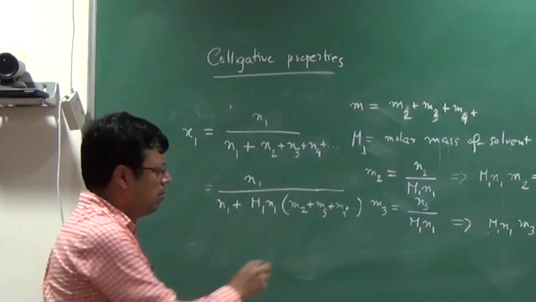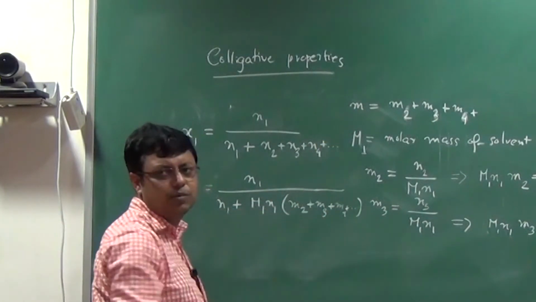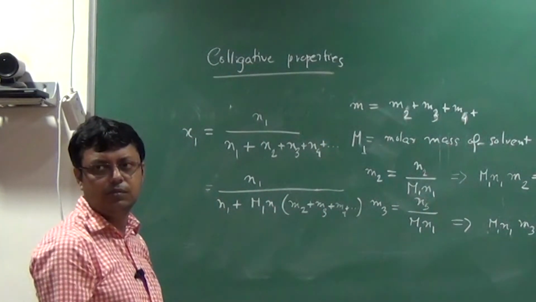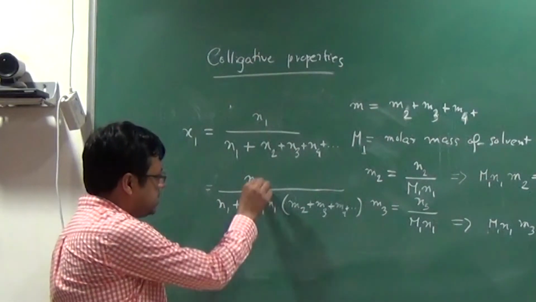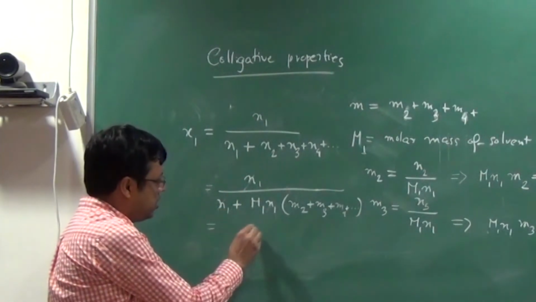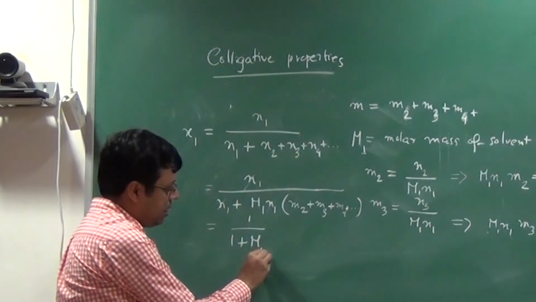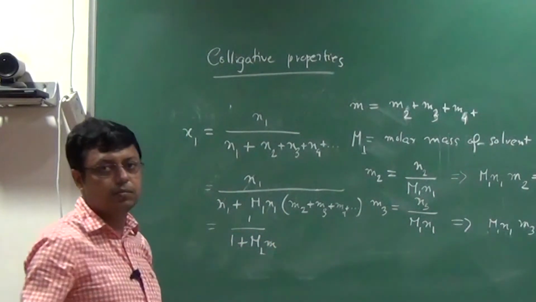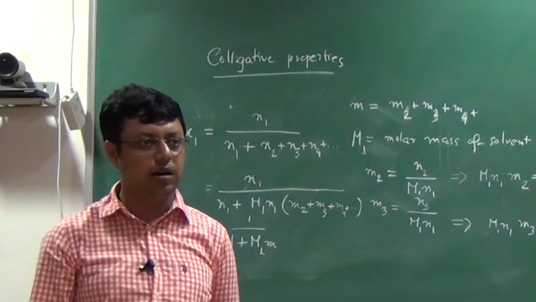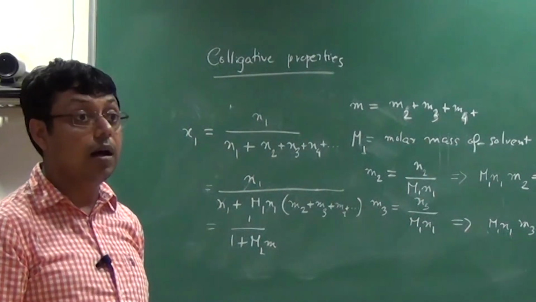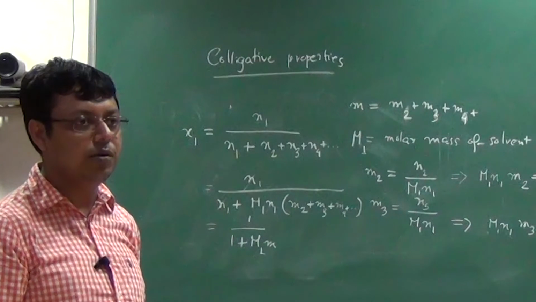Clear? But that I already took as small m. So these N1s get cancelled. So what I'll have is 1 divided by 1 plus capital M1 small m. Clear? Should I repeat once again?